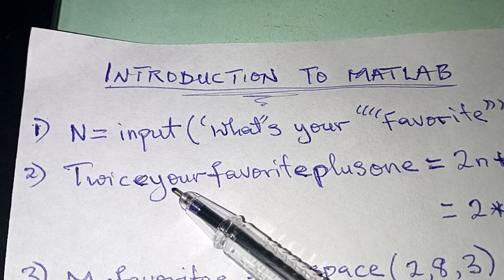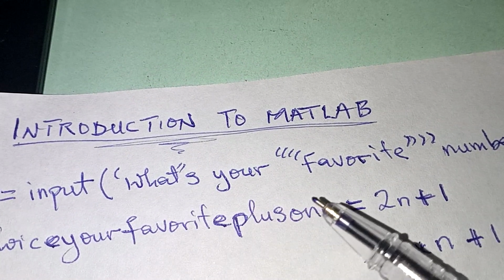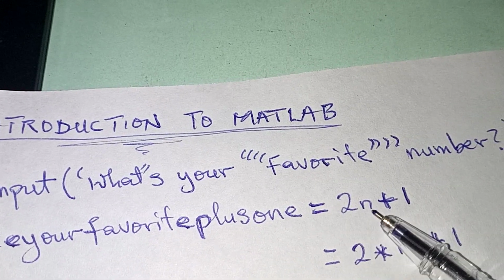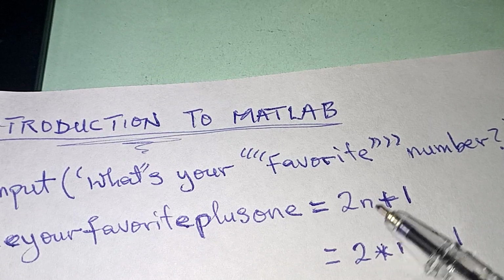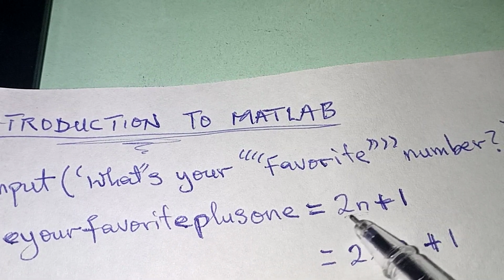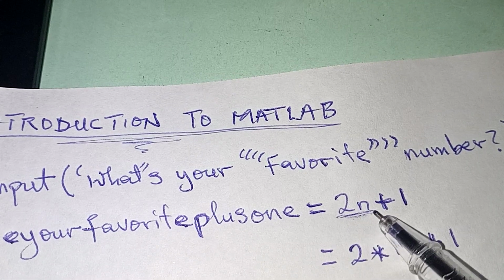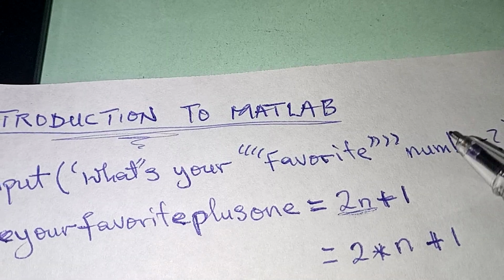question is asking you about twice your favorite plus one. It's just giving you a variable name, they have assigned the value to it, and they are asking if it will be correct. The only reason why it will not be correct is because MATLAB cannot see this except you already declare a symbolic n before now.